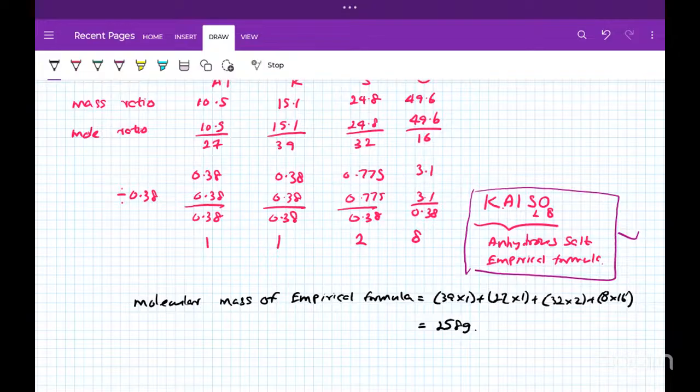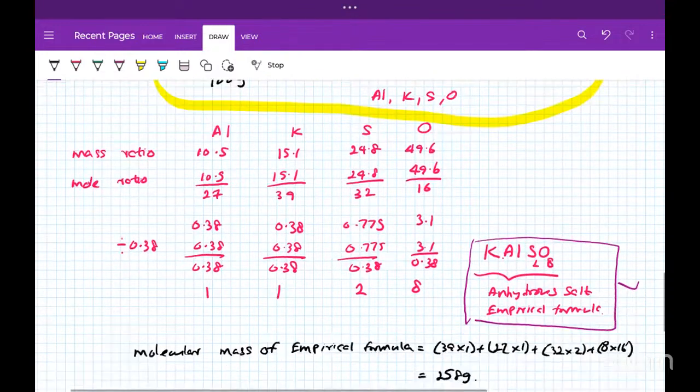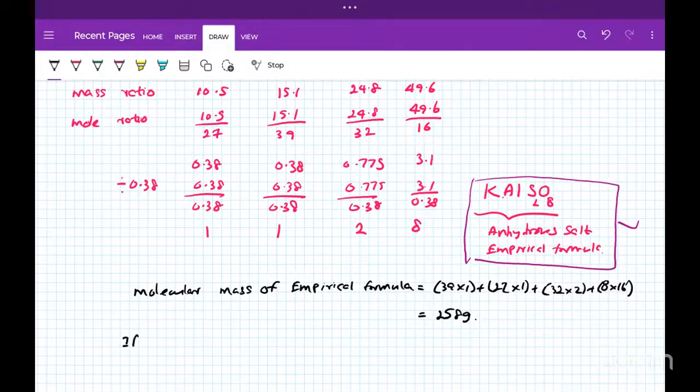Now we know the ratio between anhydrous salt and the crystalline salt, and also water as well. So anhydrous salt to water ratio is 54.4 to 45.6. So if you consider 100 grams of crystalline salt is considered, right?